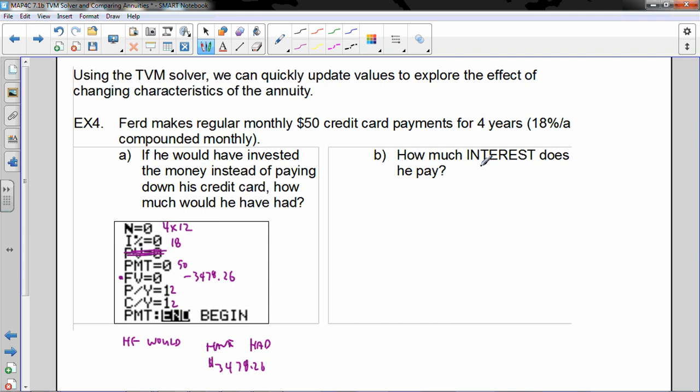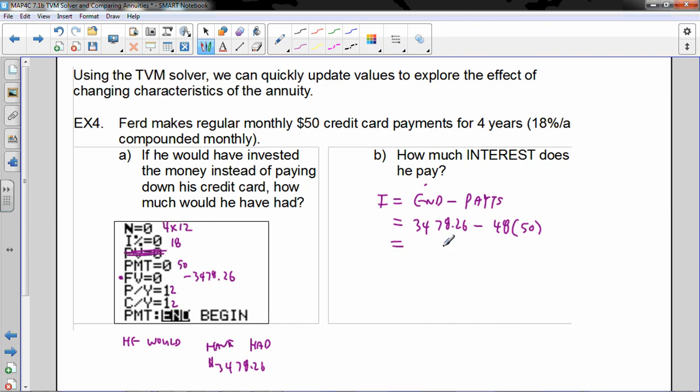So how much is interest? Notice he's paying these $50 payments every month. How much interest is adding up? Well, remember, the interest is just the end, subtract how much he puts in. Well, at the end it was 3478.26, and the payments were, well, he made 48 payments of $50.